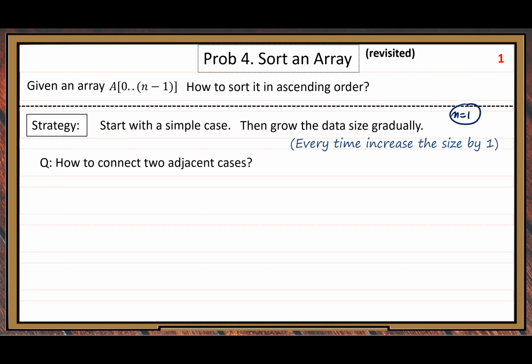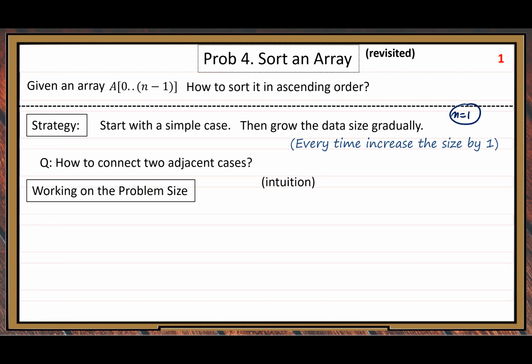Here, it is the reverse way. So we grow the problem size. The opposite way of the size reduction, but basically the same. Working on the problem size in this way, based on our intuition.